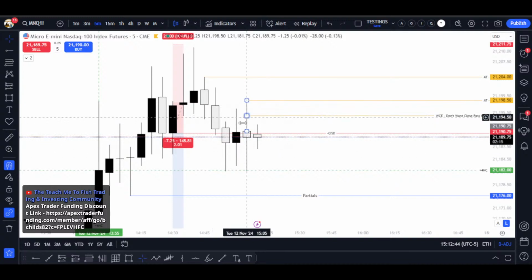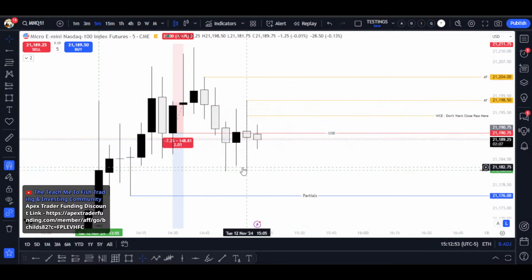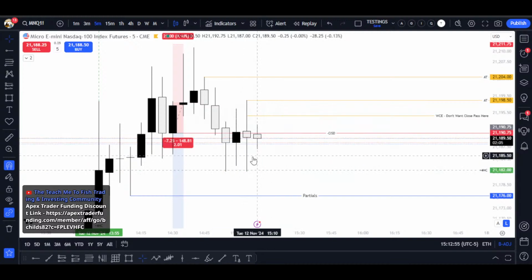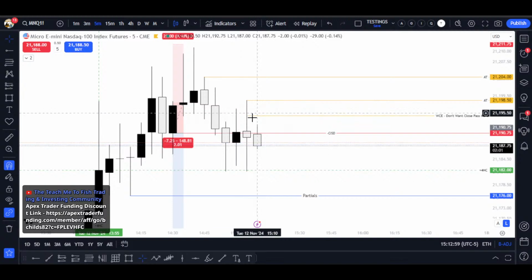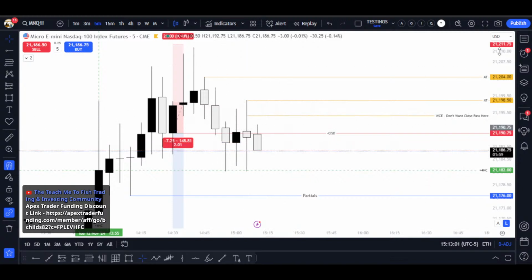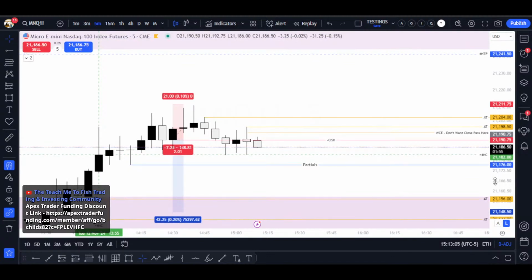Because we've already tapped 21,182, if we get a breaker block setup, then I will go ahead and take it up to 21,241.50.